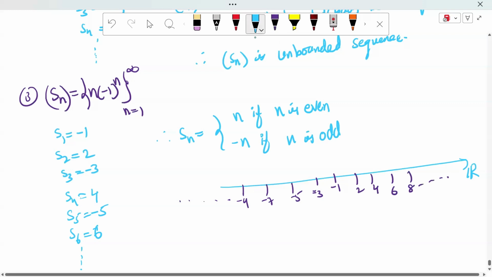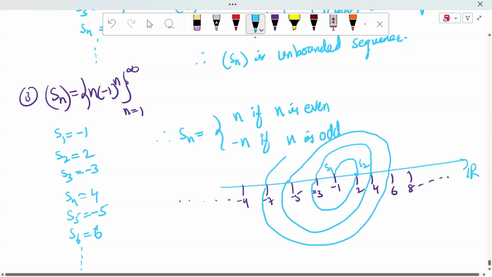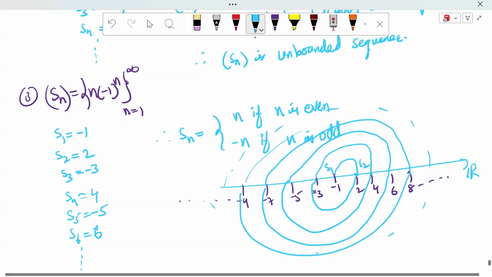The first term S1 is minus 1, then S2, S3, S4, S5, S6, S7, S8, S9 follow. So it is an oscillating sequence, with infinitely many oscillating terms.